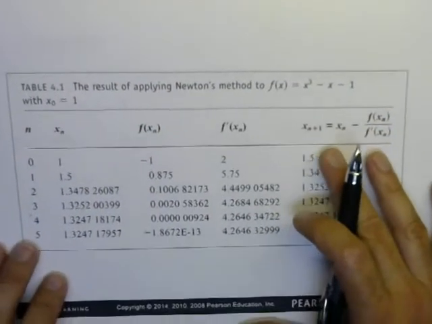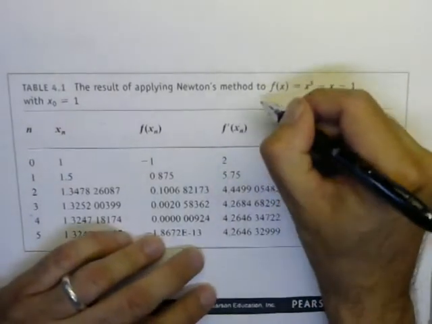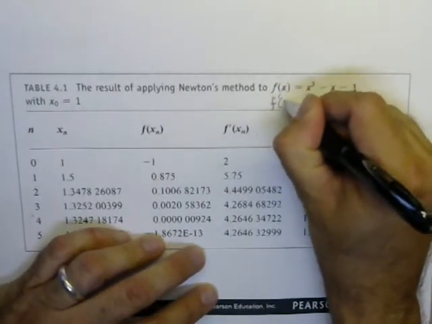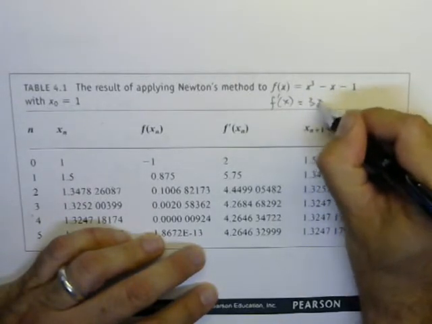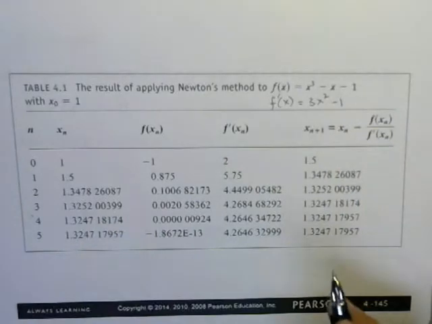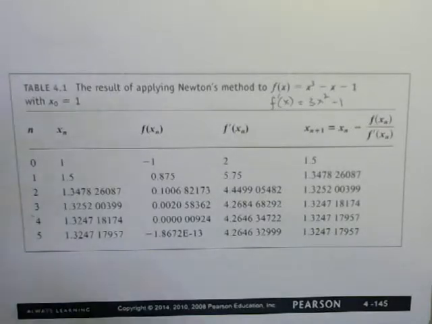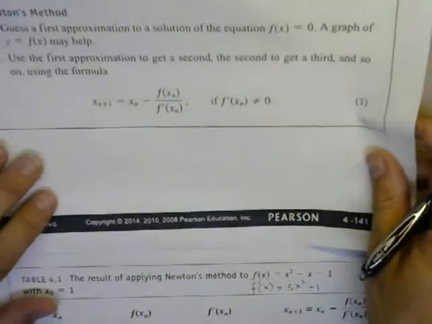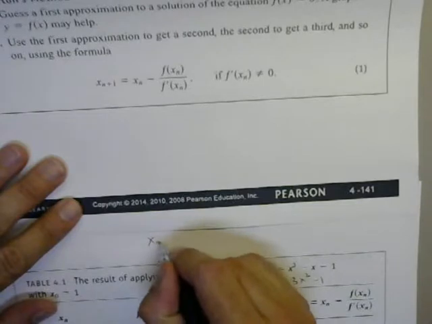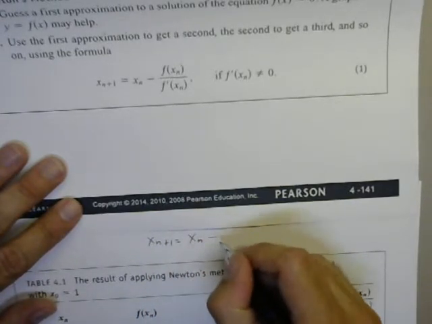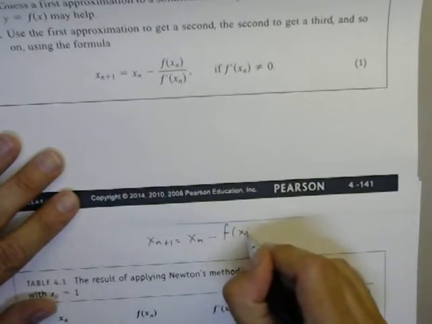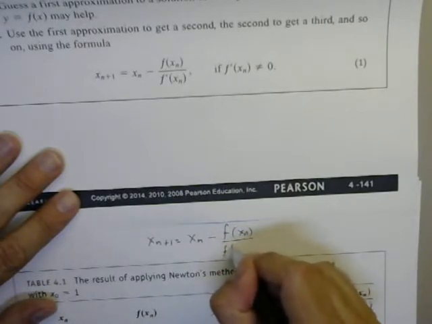So here's the numerical table for this. For the derivative of this, you would just have 3x squared minus 1. So for Newton's method in this particular case, if you remember the formula, let me write it down up here. x sub n plus 1 is equal to x sub n minus f of x sub n over f prime of x sub n.